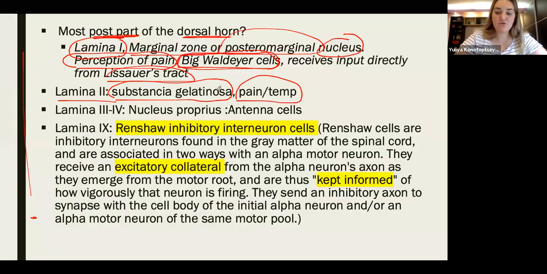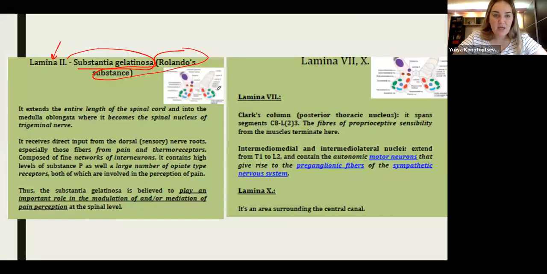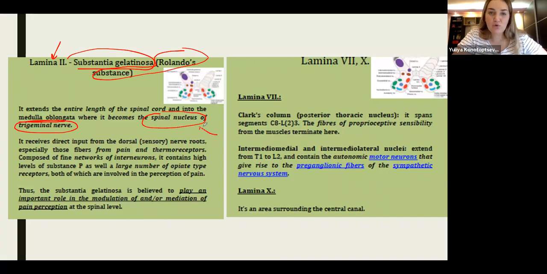Where does it eventually end up? It ends up becoming the spinal nucleus of the trigeminal nerve. It goes all the way to the medulla oblongata, and all of these axons end up in the spinal nucleus of the trigeminal nerve. We will talk about this nucleus when we talk about medulla oblongata.